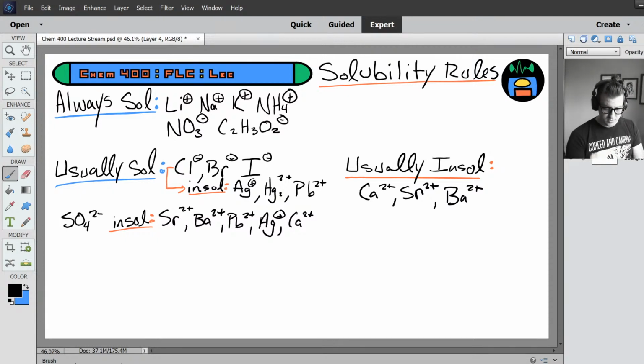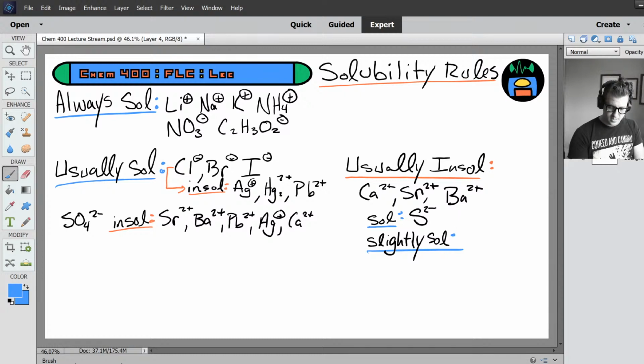With the exception, these are soluble with sulfide, and they are what's called slightly soluble with hydroxide.